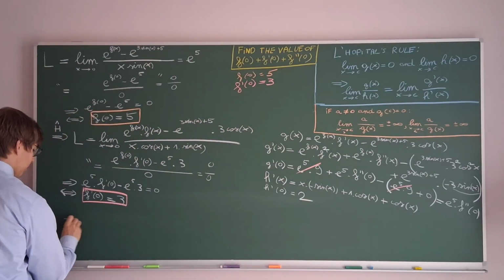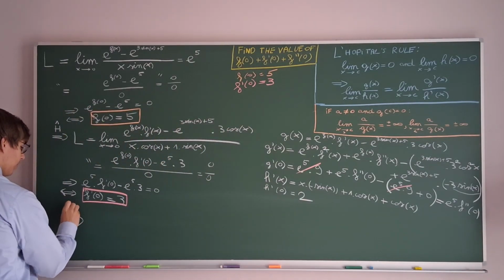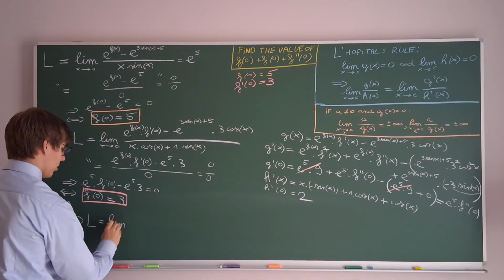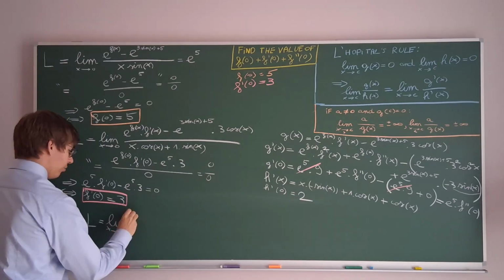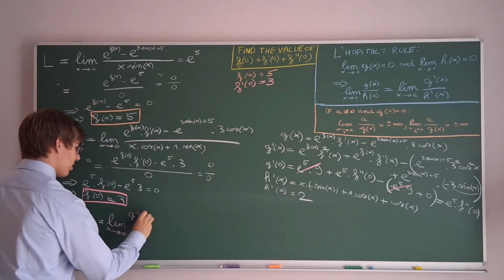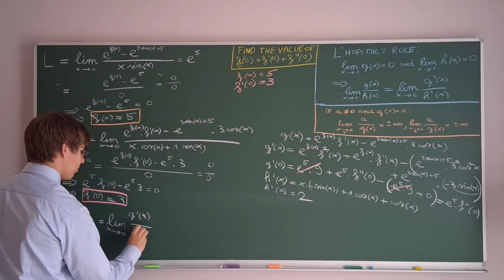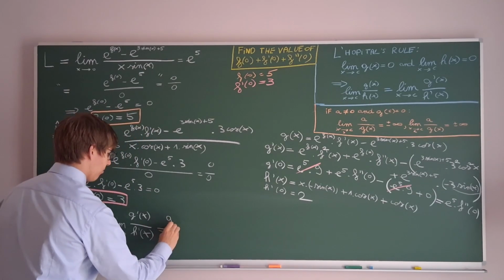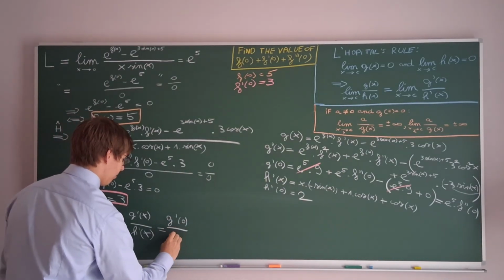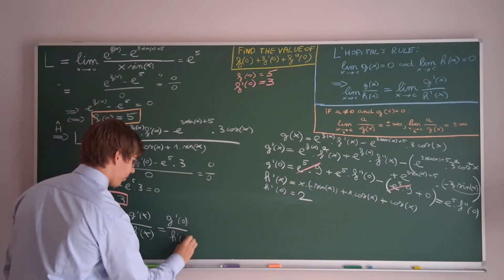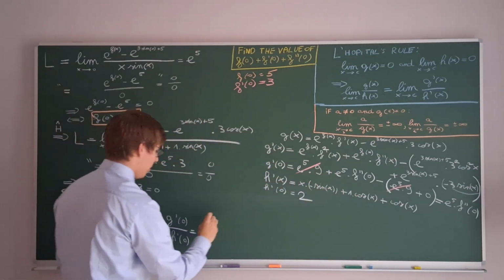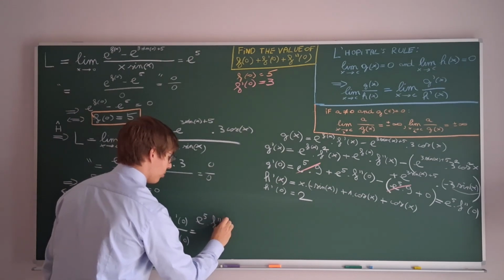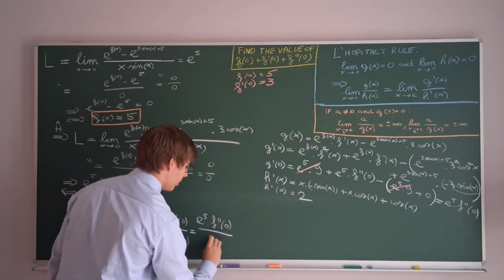So, because of L'Hopital, we get that L is equal to the limit from x going to 0 of g prime of x divided by h prime of x, which if we fill in 0, we get g prime of 0 divided by h prime of 0, which is e to the 5th times f double prime of 0 divided by 2.